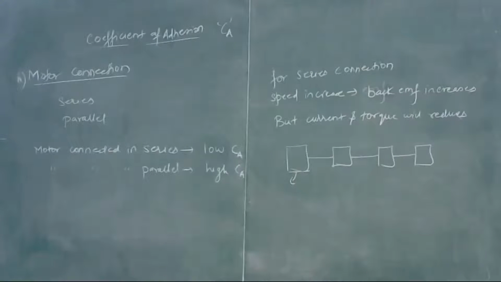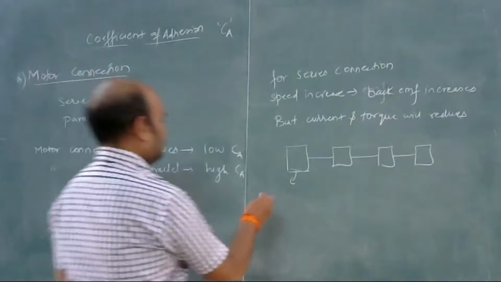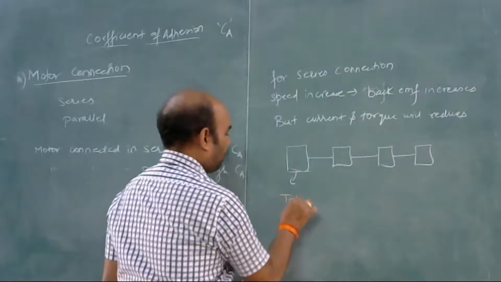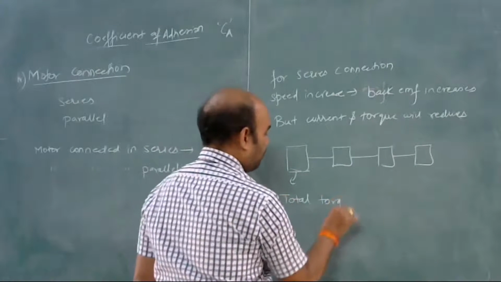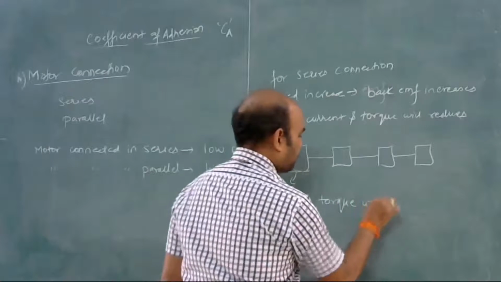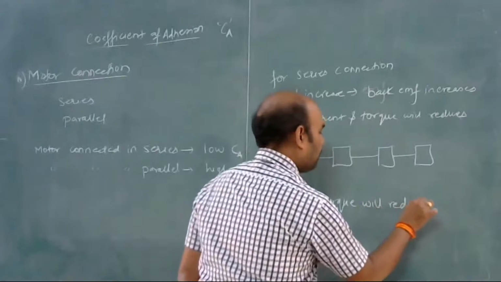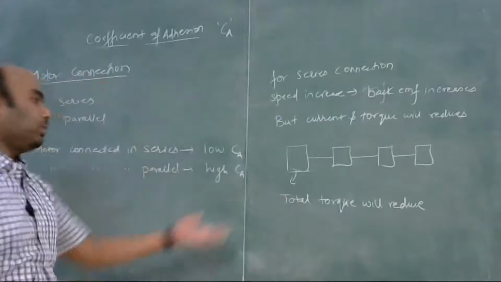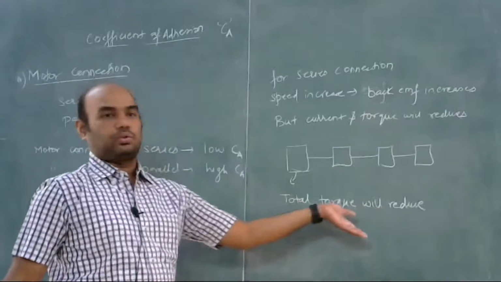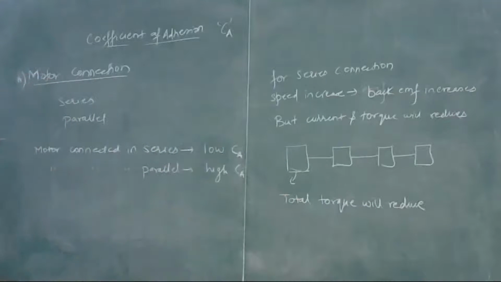So this will decrease the total torque. Due to one motor, the total torque is reduced, so this will lead to low CA.